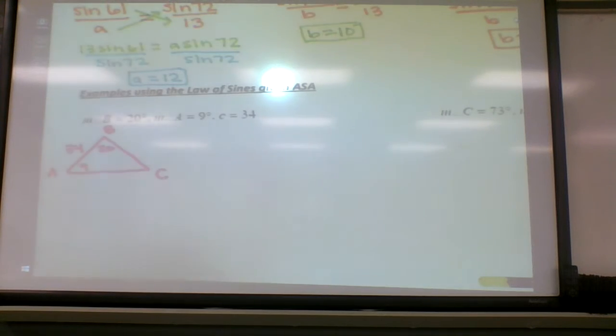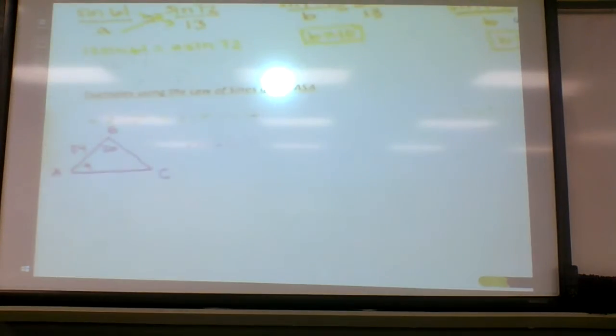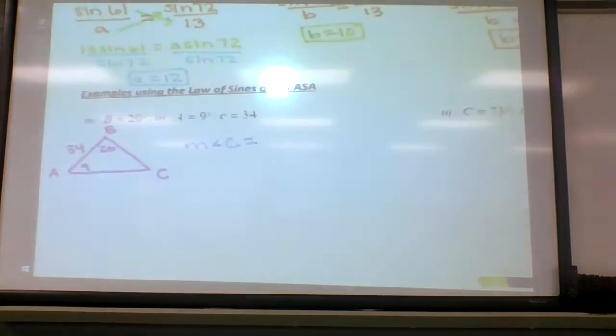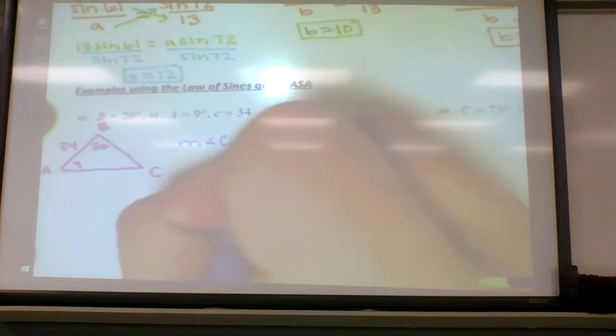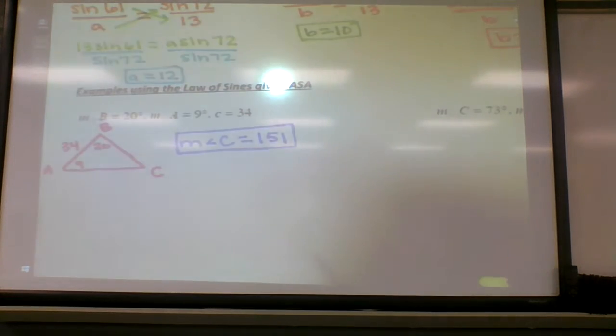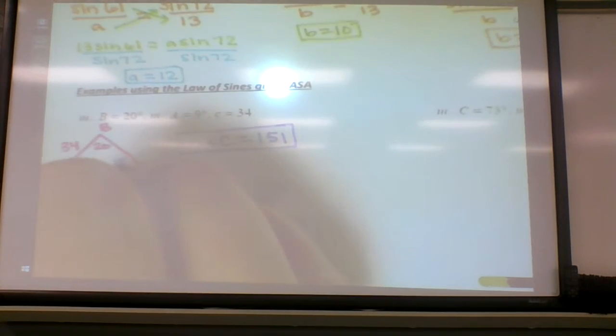All right, first thing, the easiest to find is angle C, right? I like when we have two angles. That last one's like a gimme. So subtracting from 180, we end up with 151. There's obtuse.